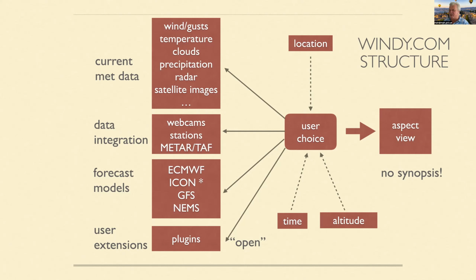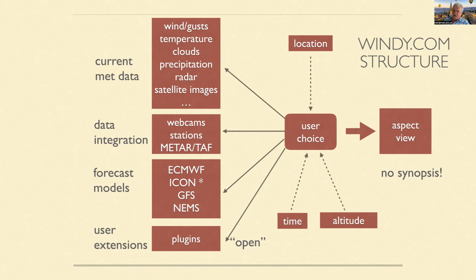Windy is basically a data viewer. There are no meteorologists who interpret the data for you and create a synopsis. So that's all you get. It's a data viewer, and you won't get a synoptic outlook from it.